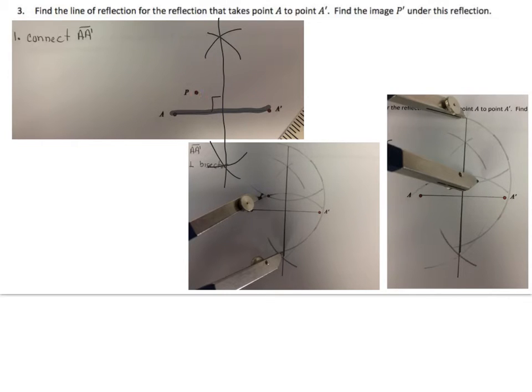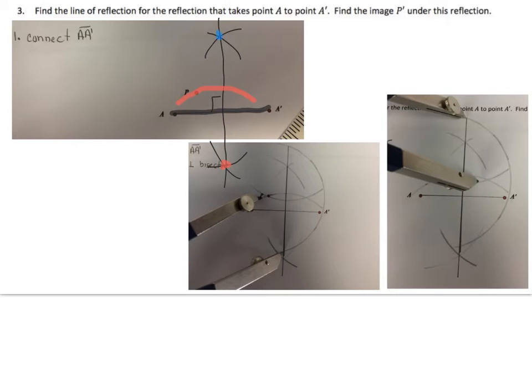Okay? So what I actually did, you can ignore this circle here, I didn't use it, but if you put your pointy end of your compass there, pointy end here, you can draw a little arc through here.